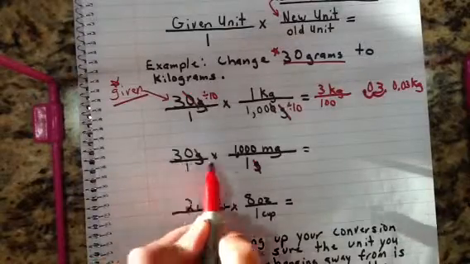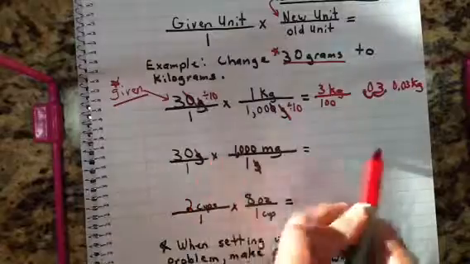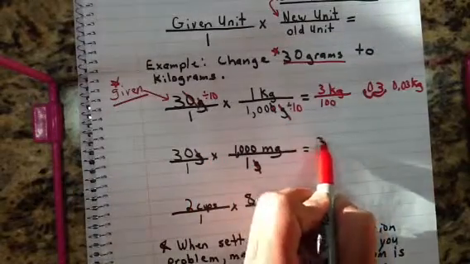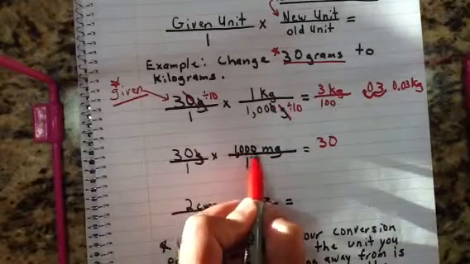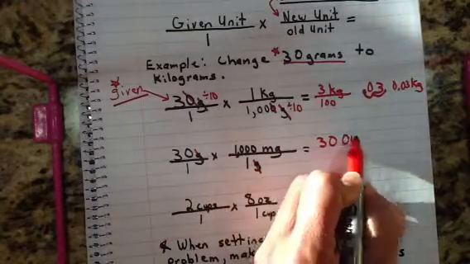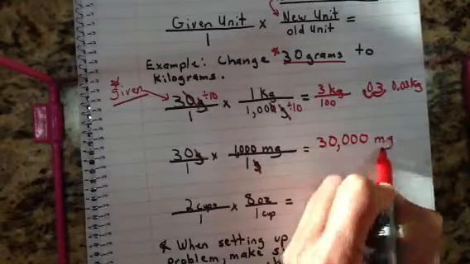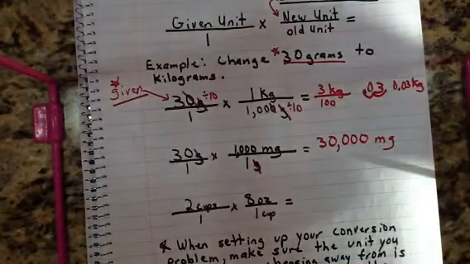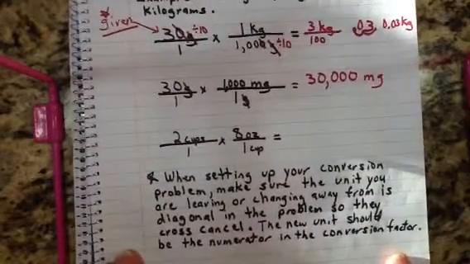And you're just going to simply multiply your numerators. So I would take my 30 and I would add 1, 2, 3 zeros on the end. And then don't forget my unit. 30,000 milligrams.